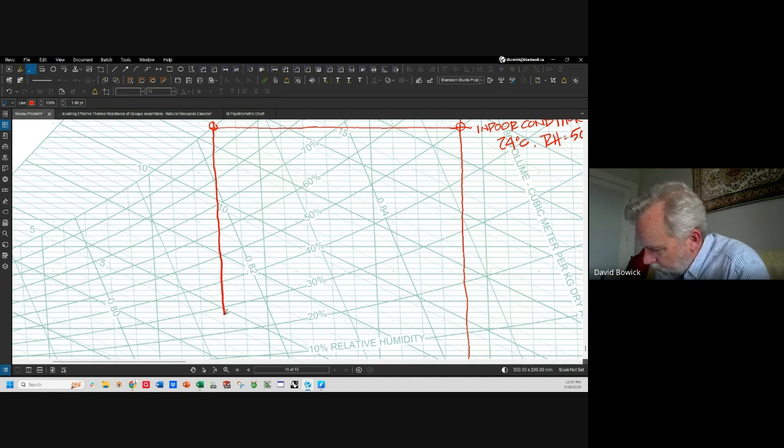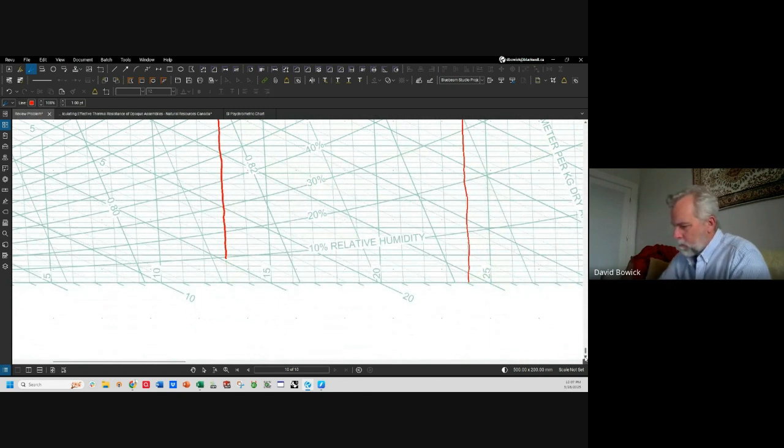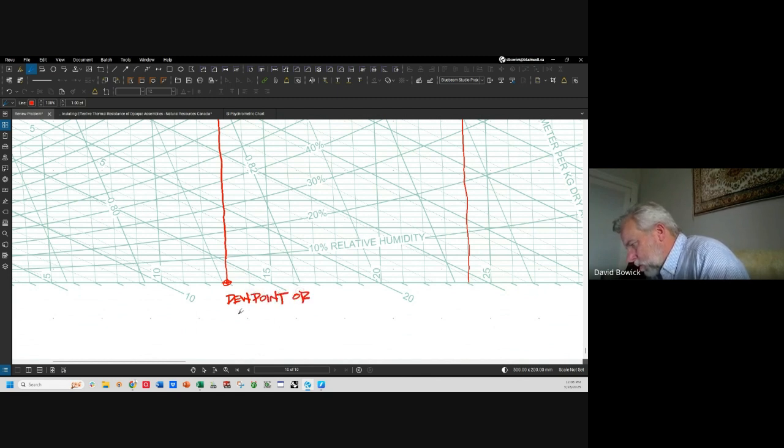Come all the way down here. Dew point or saturation temperature equals 13 degrees Celsius.